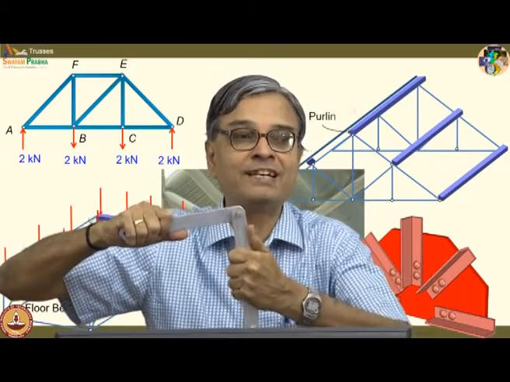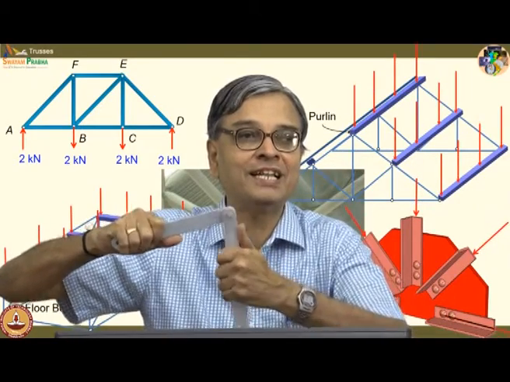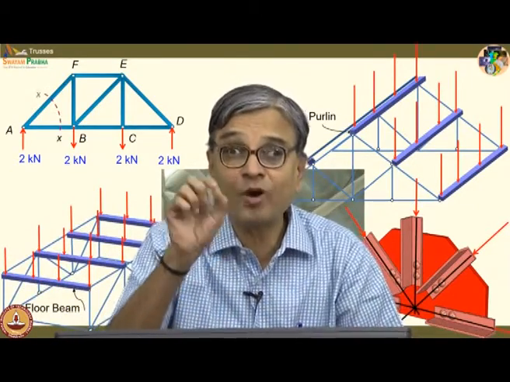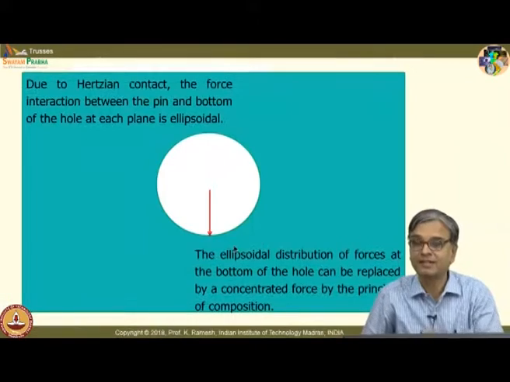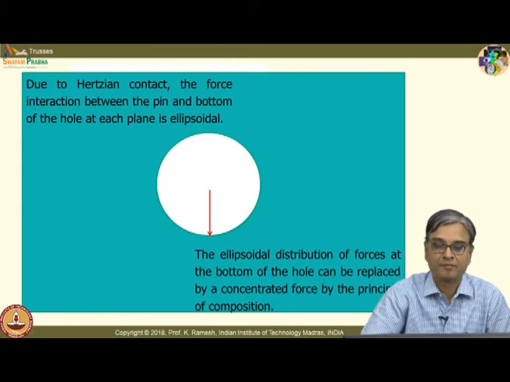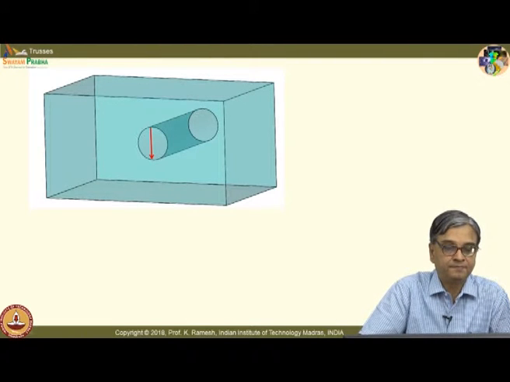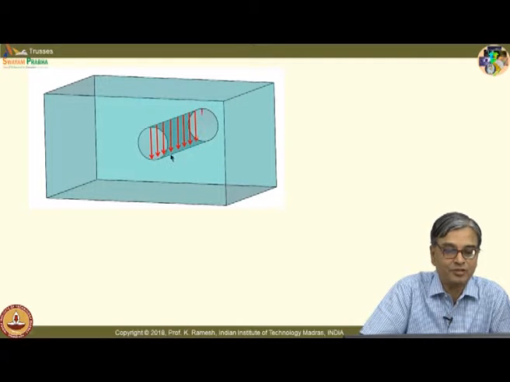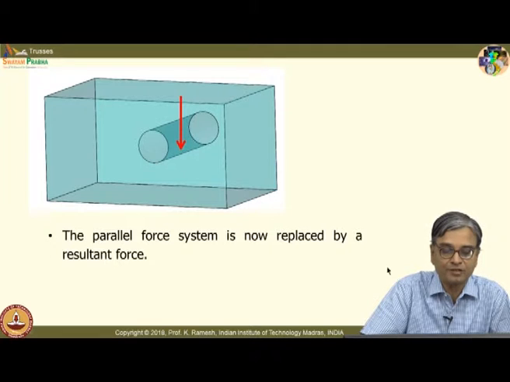So, when the member is in tension or compression, what happens at the pin and the hole is different. It is not one and the same. So, this is what we had seen that I have a distributed force on the length of the pin, which is replaced by a concentrated force.